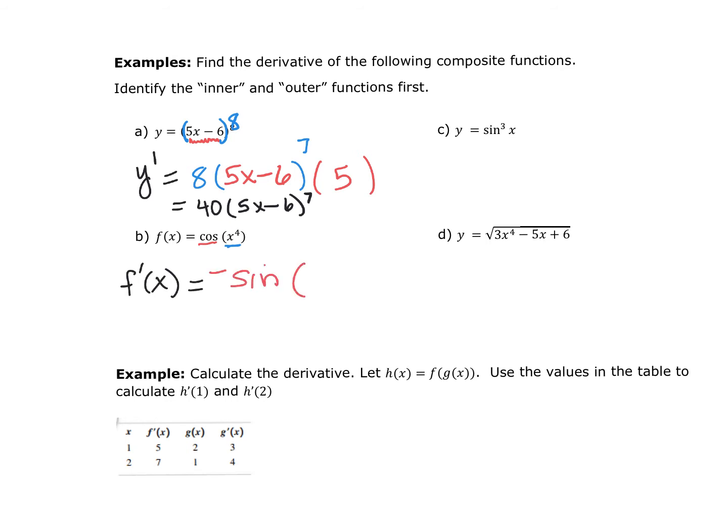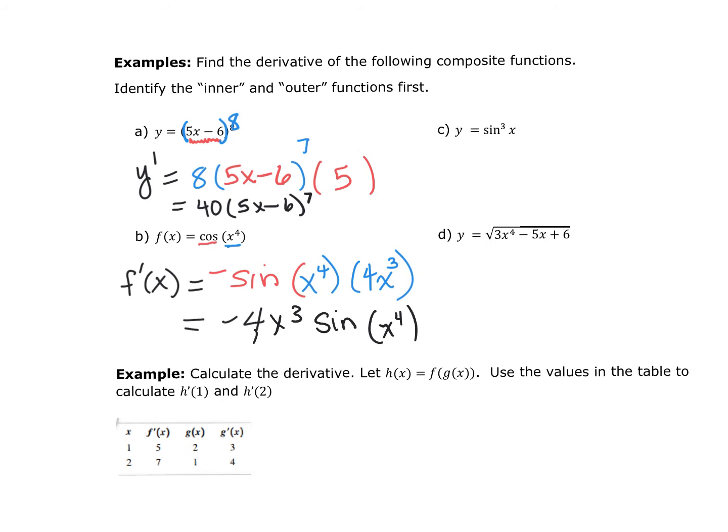And we will leave our inside function the same. And then we will take the derivative of our inside function, which is 4x cubed. So cleaning that up just a little bit, we get negative 4x cubed times the sine of x to the 4th.